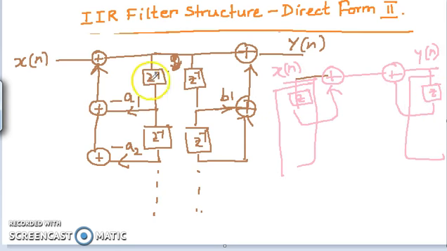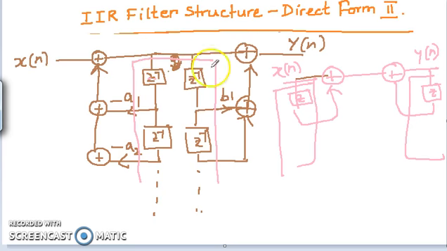Now, in direct form 2, as we have just reversed the system poles and zeros, in both of the cases the delay elements are coming in between. So here is an advantage: we can replace these two delay elements with a single delay element. Therefore, from direct form 1 we are getting a lesser number of delay elements in direct form 2.